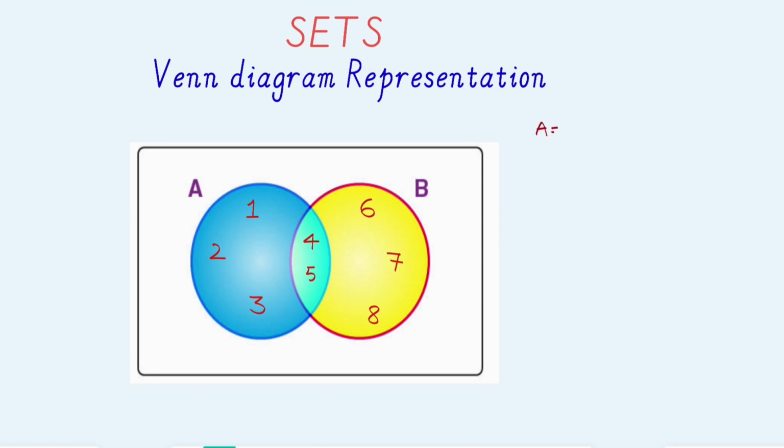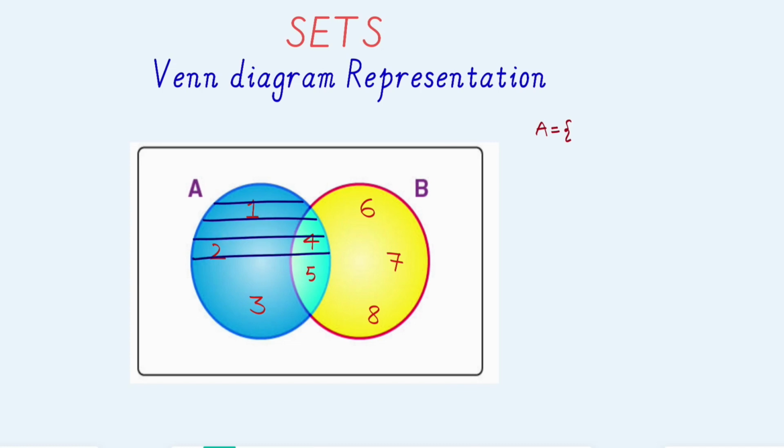Here, you can observe clearly, the numbers that are present in circle A will be called elements of A. For example, this complete circle, all of this comes under the elements of A. Let's represent it with another color.